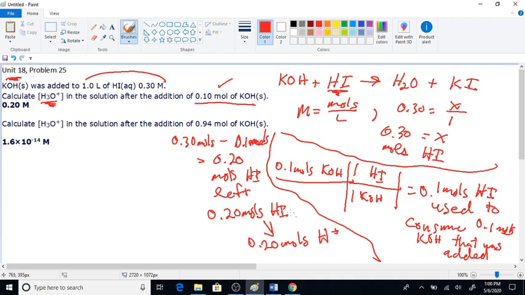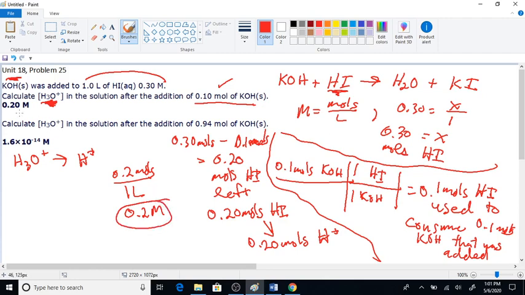Okay, perfect, because we want the concentration of the H3O, which I said in a previous video, hydronium ions we will consider equal to H plus ions for us. So if we have 0.2 moles of H plus ions, we just need to get the molarity. So if we take 0.2 and divide it by our volume, which is 1 liter, we end up with 0.2 molarity. And that is our solution. That is our answer for that one.